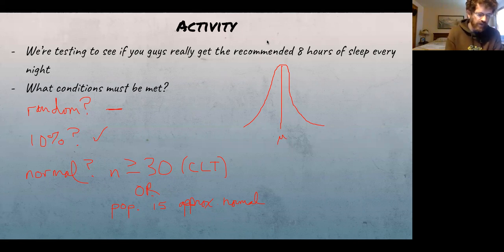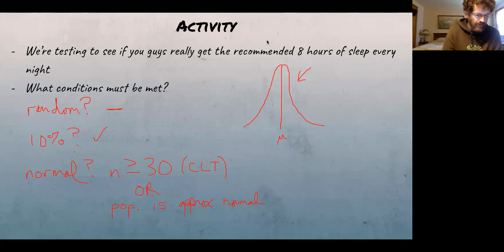And when your sample size is 30 or greater, this sampling distribution will be approximately normal. If it's less than 30, it could still be skewed. All right. So if the sampling distribution is approximately normal, then we're good to go with a sample size of 30 or greater. So just to say it again.